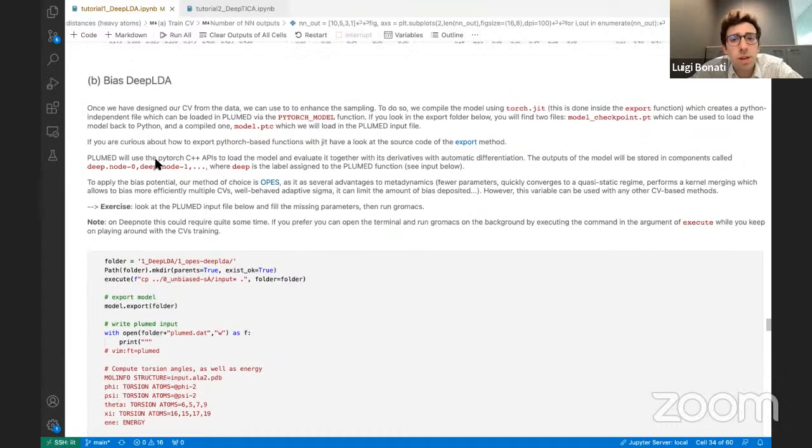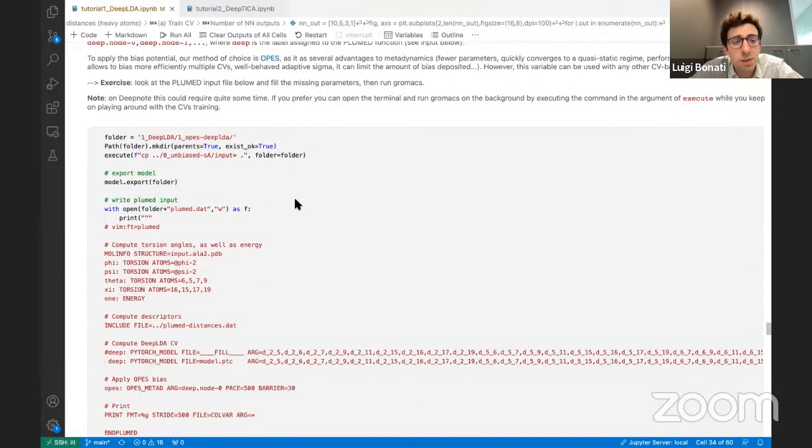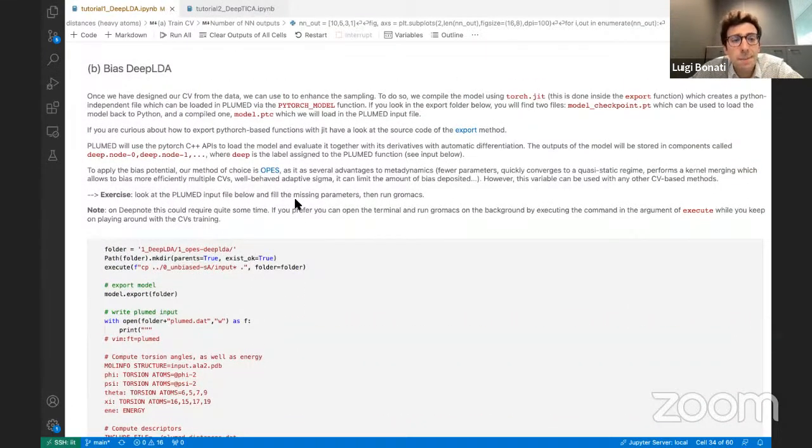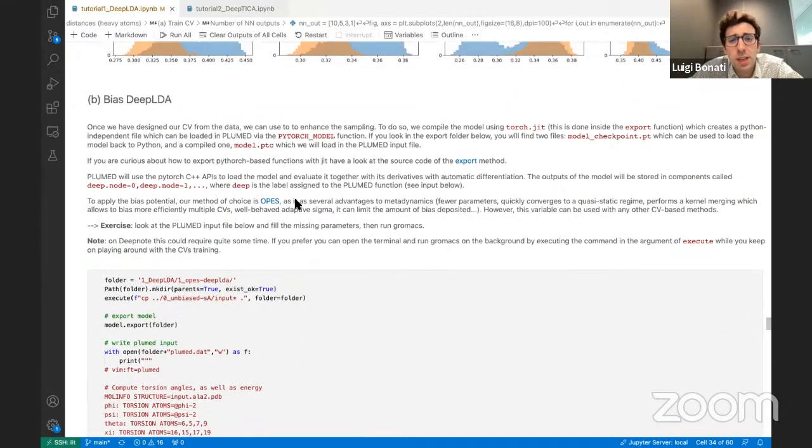How do we do it? As described here, what we do is export the model. We export the model using Torch script, which is a sort of language implemented within PyTorch, which allows us to serialize the model.